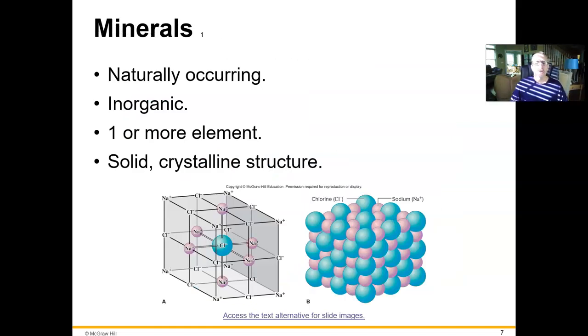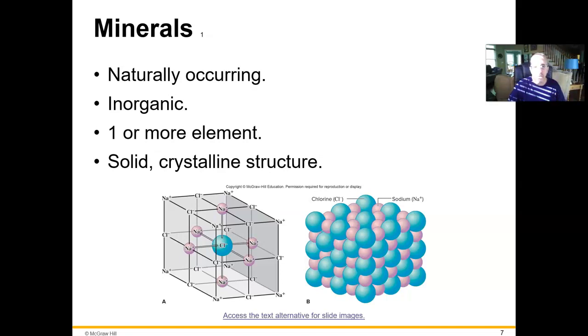So minerals are naturally occurring. First of all, they are inorganic, which means they don't have anything to do with life or carbon. They form a crystalline structure. They may be one or more elements, and they have a definite pattern of how they are structured. What you're looking at here on the bottom is sodium chloride, more commonly known as salt.